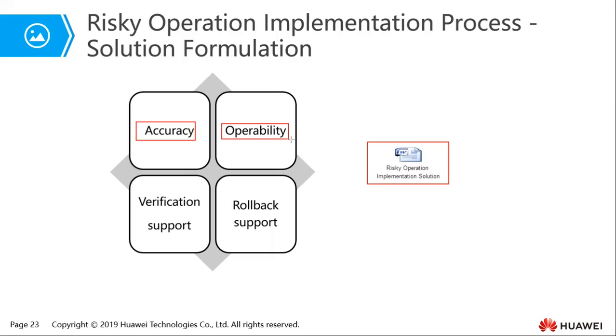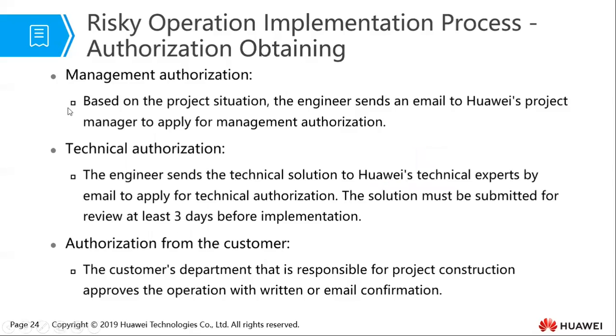Operability: in case we are having devices from different vendors, we need to be sure that they are interoperable. We need also verification support from the technical engineers and the service providers. And we also need rollback support so that in case we run into problems, we can restore the network to its last working condition.